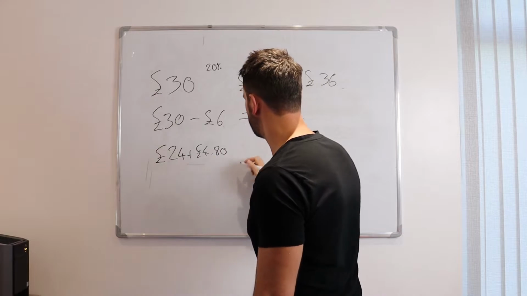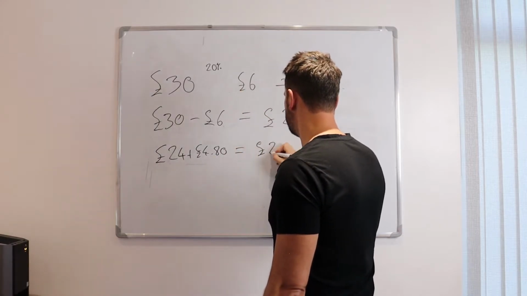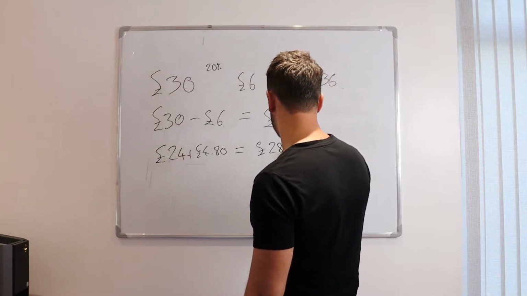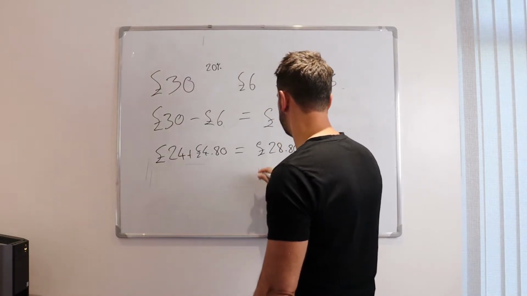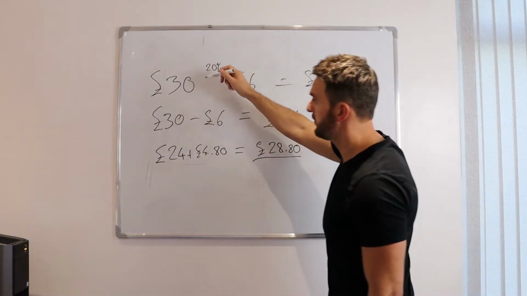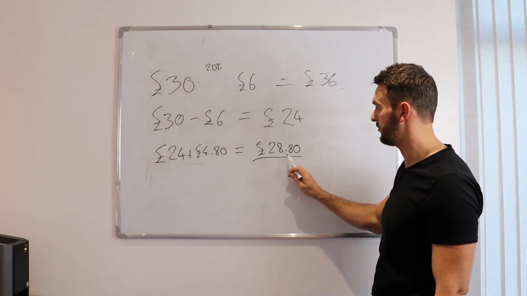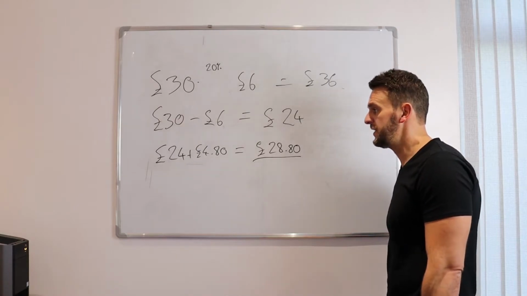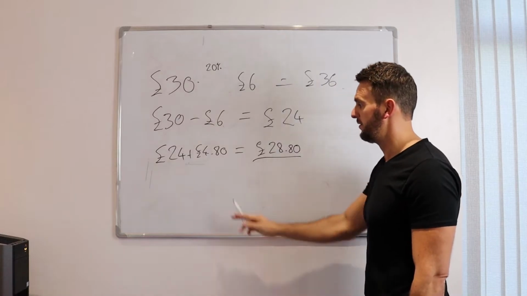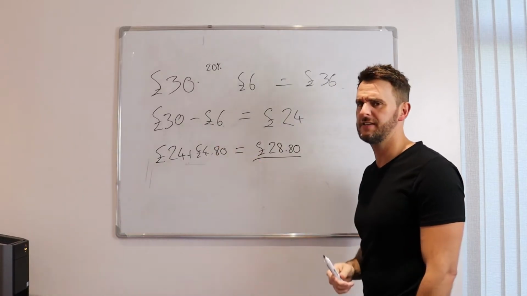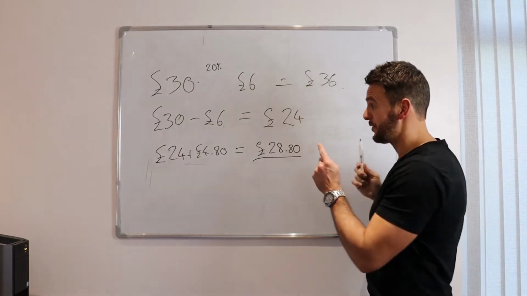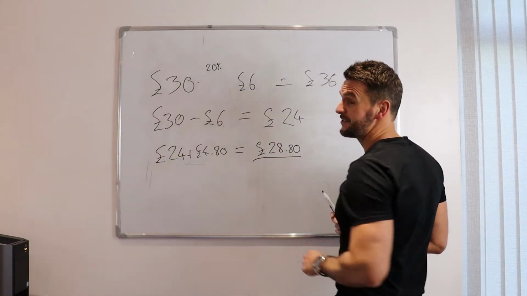So what's that? That's £28.80. Did the customer pay that? The customer paid £30, so why am I going to give them an invoice for £28.80? I thought the VAT was £6. It's confusing. It's because this is not right.